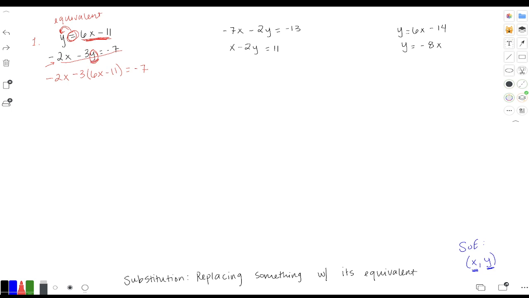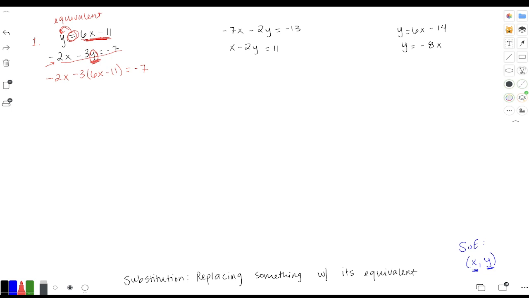We can't do that when there's 2 variables there. We just can't resolve it. We have 2 unknown terms, x and y. But if we replace this y with 6x minus 11, we've taken away one of those unknown variables. Now we just have x and x. We can solve for x now.